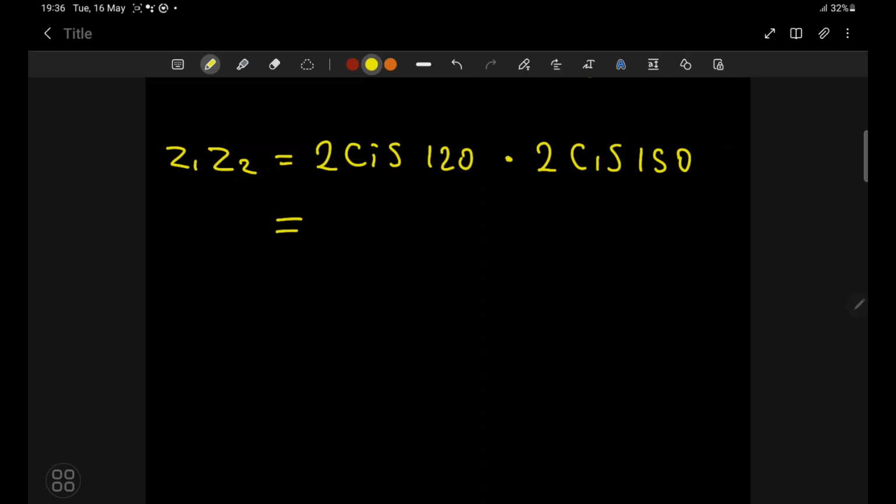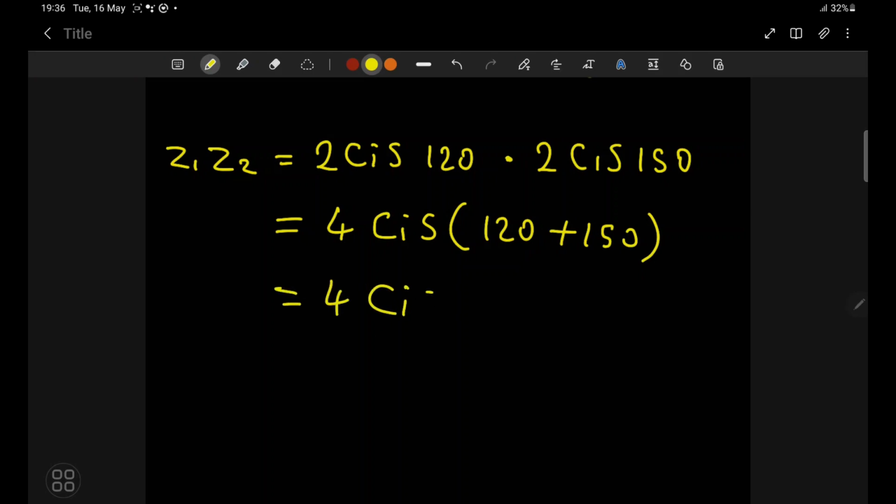From the product property of complex numbers, we're going to multiply the r, which is 2 by 2, that is 4. Then we'll have cis, and we'll add 120 plus 150, that will be 270 degrees, and we are done. So we'll have 4 cis 270.